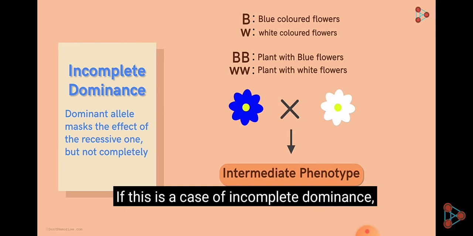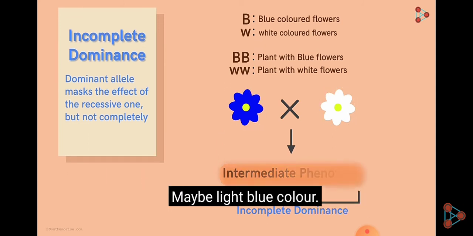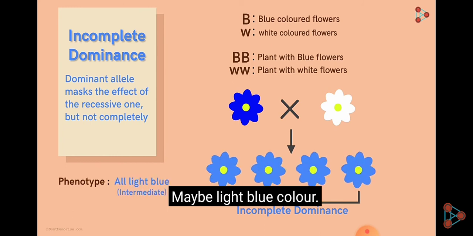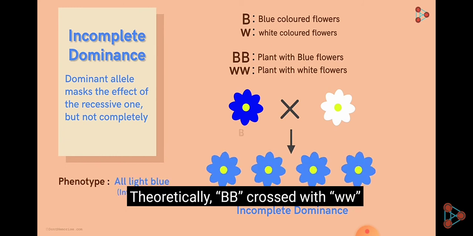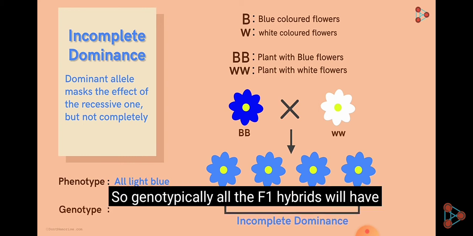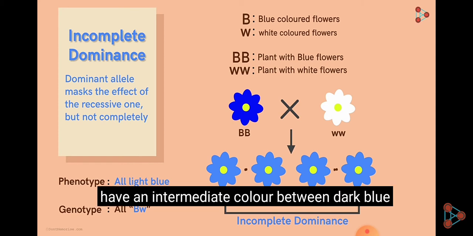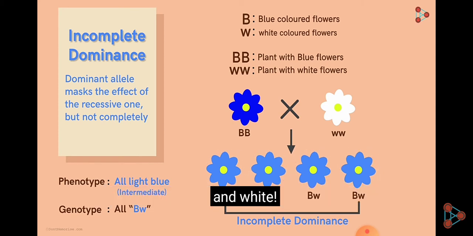If this is a case of incomplete dominance, then an intermediate of the two colors will be obtained. Maybe light blue color? Theoretically, BB crossed with ww will give us Bw. So genotypically, all the F1 hybrids will have both the alleles. Phenotypically, all of the offspring will have an intermediate color between dark blue and white.